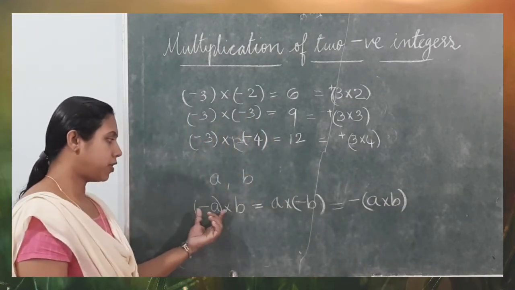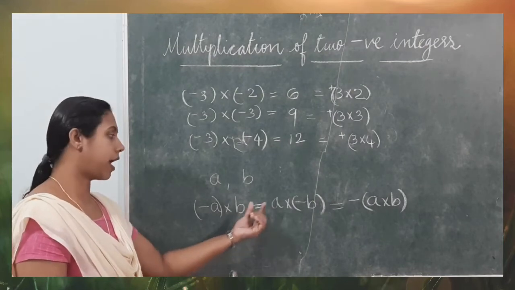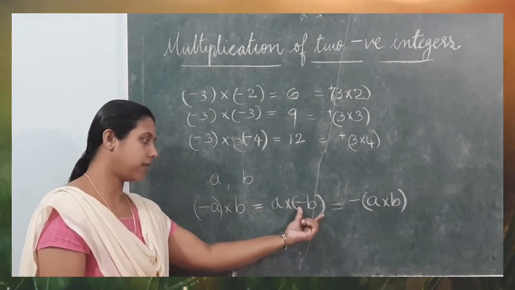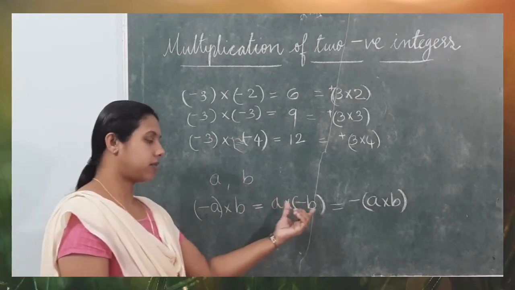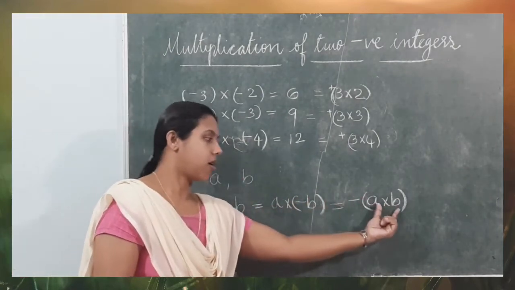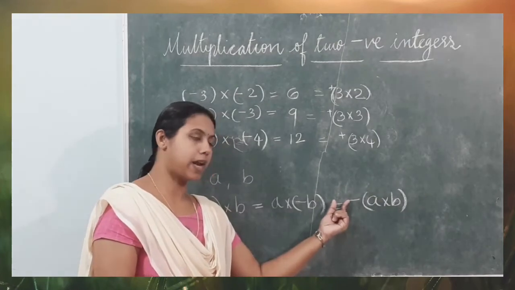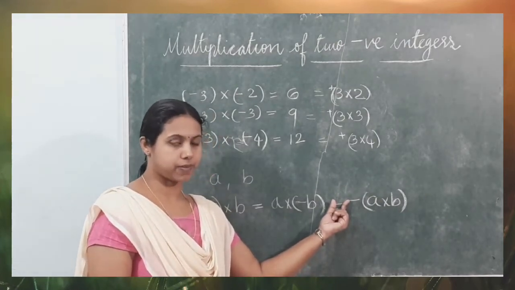A negative into positive or a positive into negative, that will be equal to multiplying the two integers as whole numbers and putting a negative sign before the product.